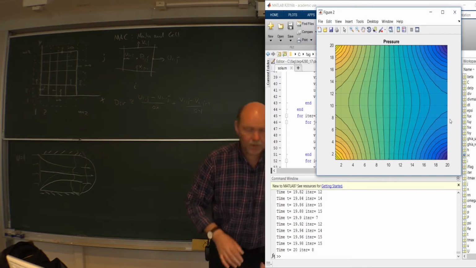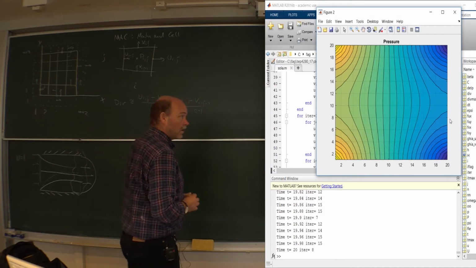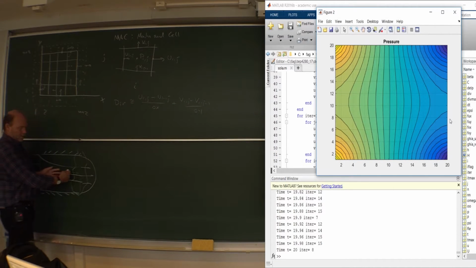What about the pressure? Well, that's clearly wrong. How can you tell? If it is fully developed, what does the pressure look like? Then you will have a constant pressure gradient in the x direction. Then the pressure contours should be lines like this.